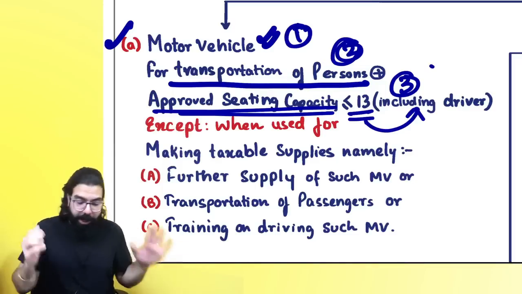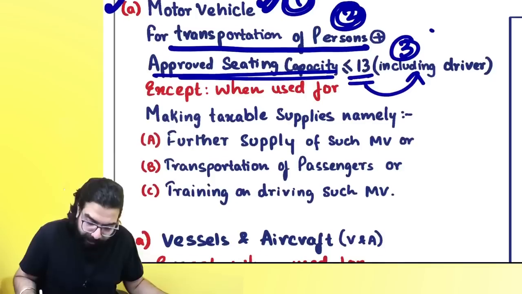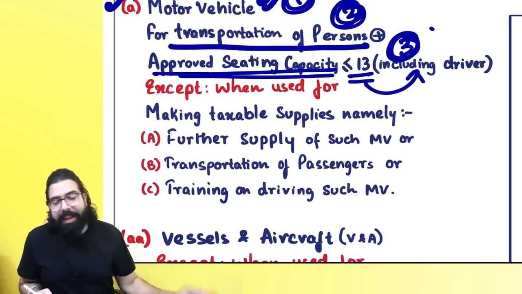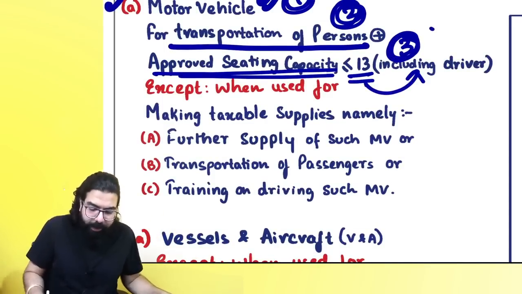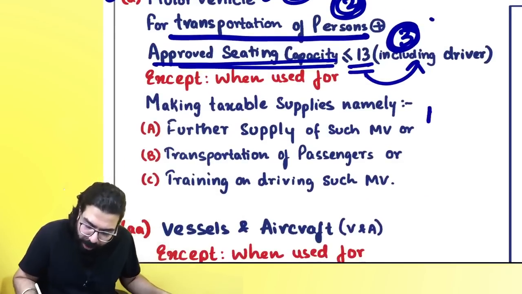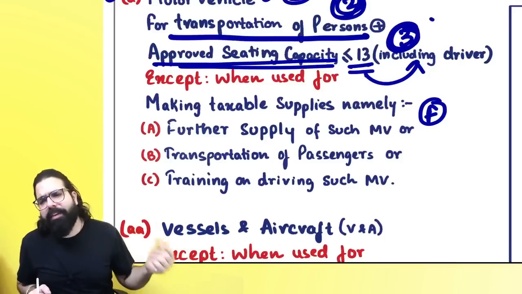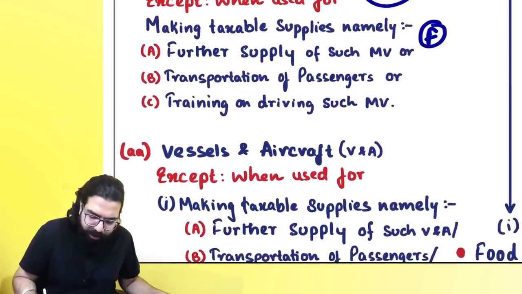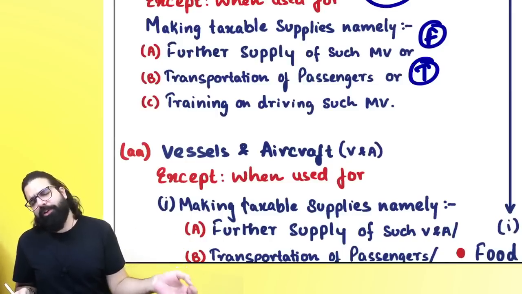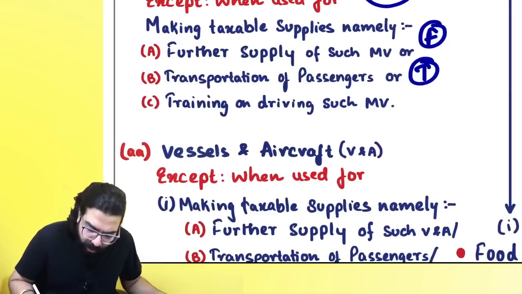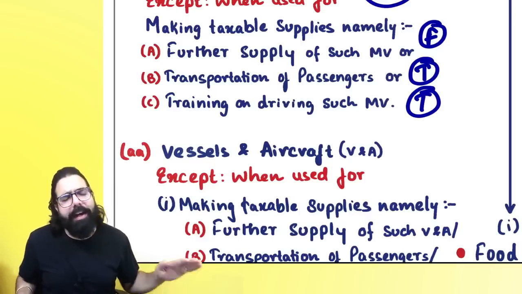Remember this point, everyone. If there is a motor vehicle for transportation of person and approved seating capacity is less than or equal to 13, then the credit will be blocked. But if you are using it for further supply, for example I buy a car to sell a car, or if you are using it for transportation of passengers, or for training in such motor vehicle, then the credit will be allowed.